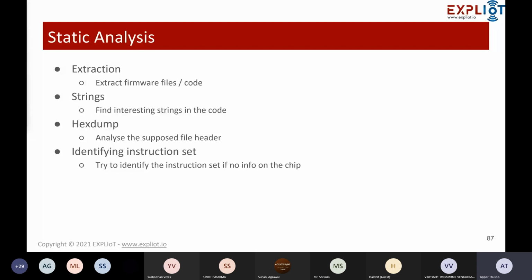You have the hexdump, basically to analyze the file headers, because not all the files would be identified, so in a gist, you have to check what headers they have using hexdump. Then identifying the instruction set: try to identify what type of architecture the device runs on if the chips do not have the exact component ID or component name.